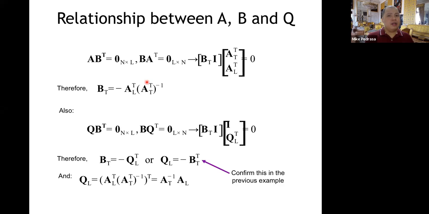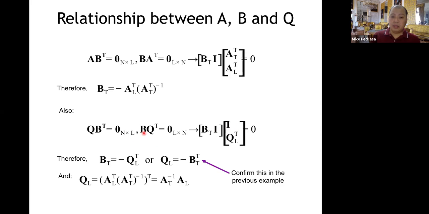Another important relationship is Q times B transpose is also equal to 0. Take note that if you get the transpose of both sides, you will get B times Q transpose, which is also equal to 0. The B matrix is B sub P and B sub L, where B sub L is an identity matrix.